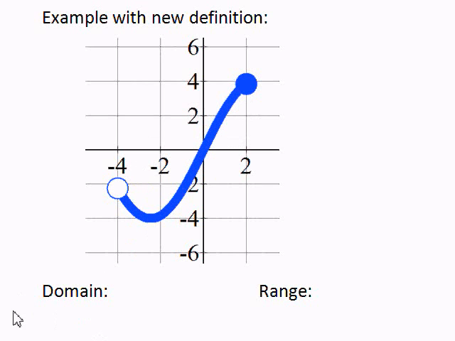We're going to add one new thing to this example right here, which specifically is this open circle right here. This open circle means that you walk towards that spot but can never actually get there. You can get as close as you want, but the open circle means you never actually touch this point.